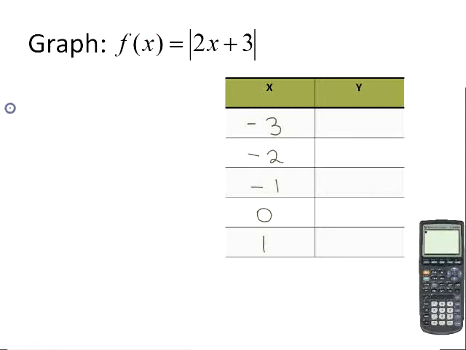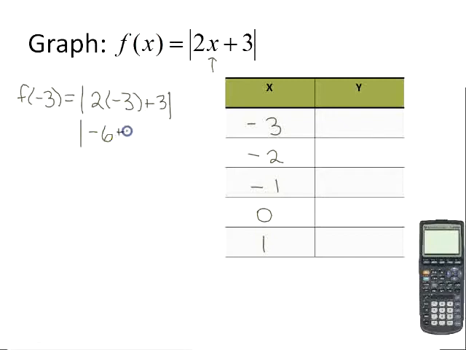off of your graph. So if I plug in the -3 first, f of -3 means I'm going to plug a -3 in for x. So I have the absolute value of 2 times -3 plus 3.